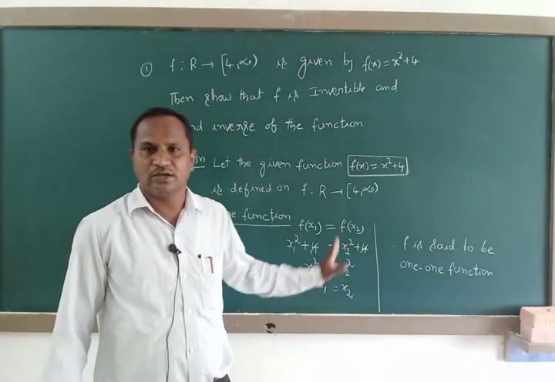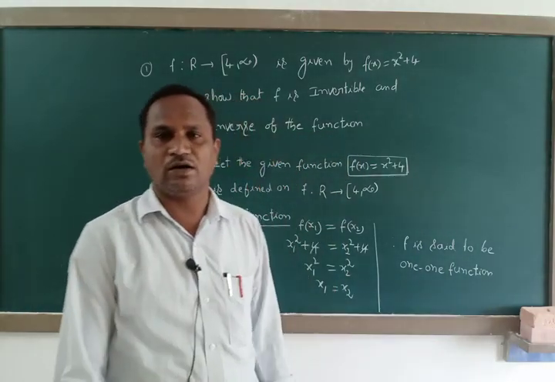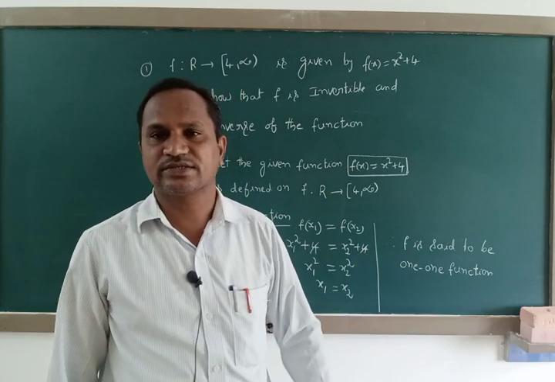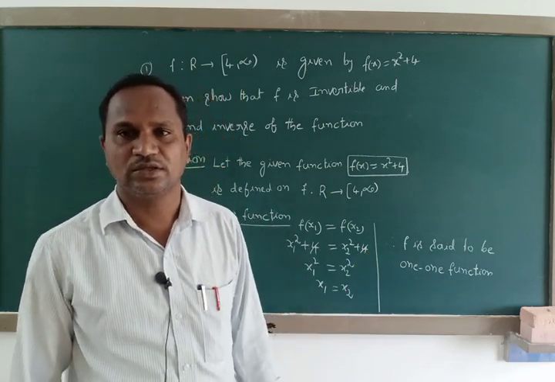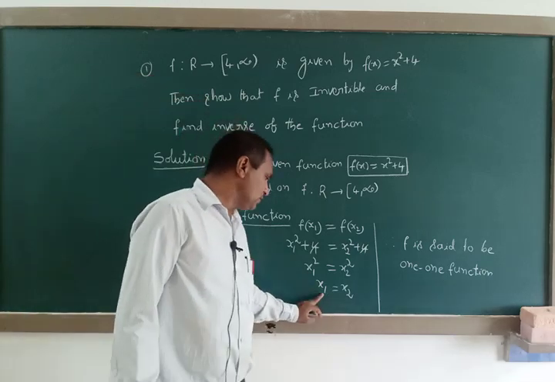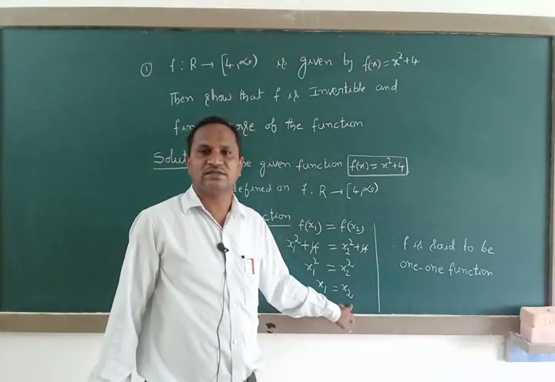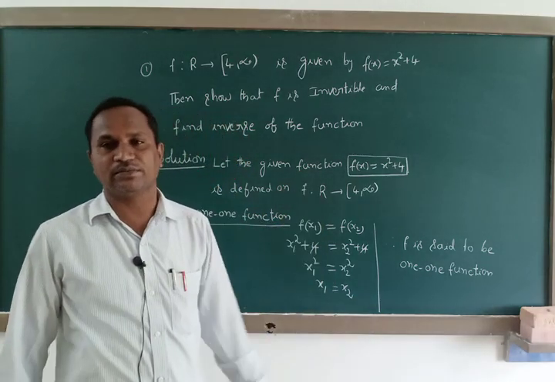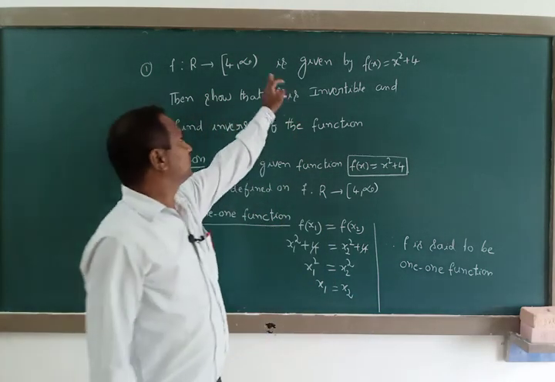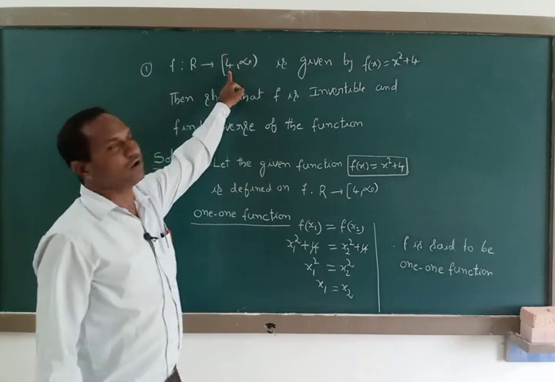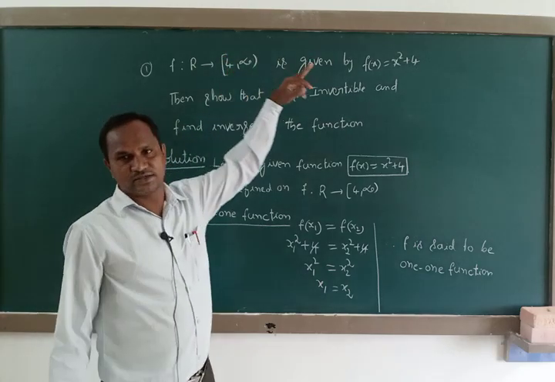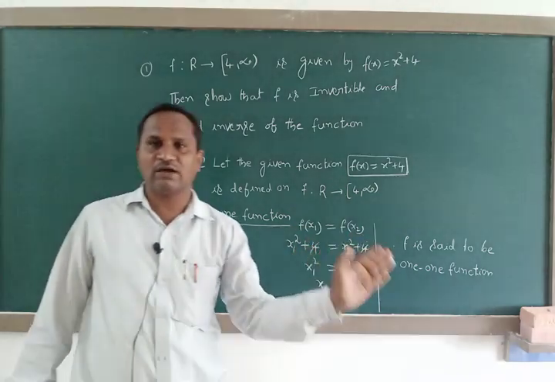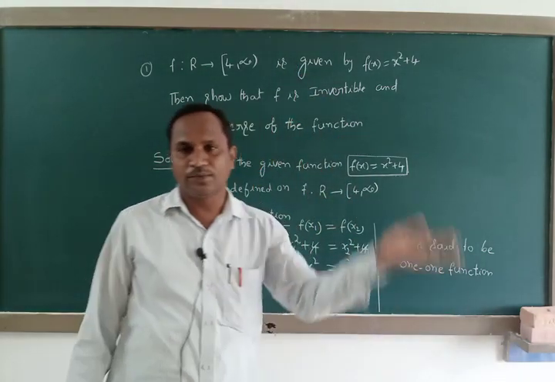Next, we are going to give the proof for onto function for the given function f of x is equal to x square plus 4 also. Generally, here you get x1 is equal to plus or minus x2, but we neglect negative numbers, because the images start from 4 onwards, including 4 and afterwards numbers 5 up to infinity.